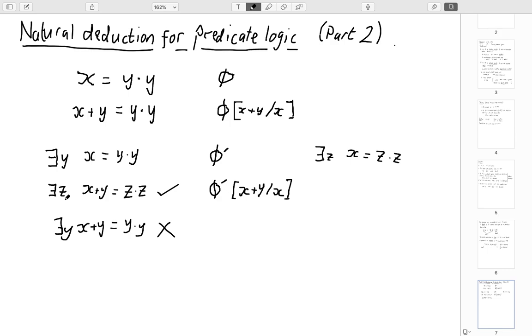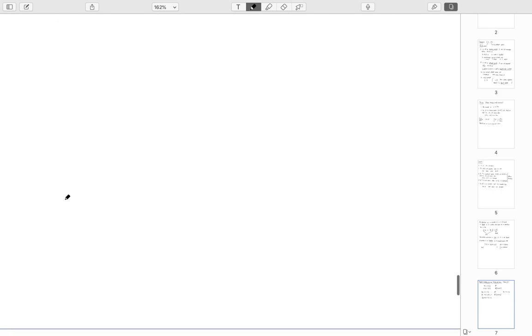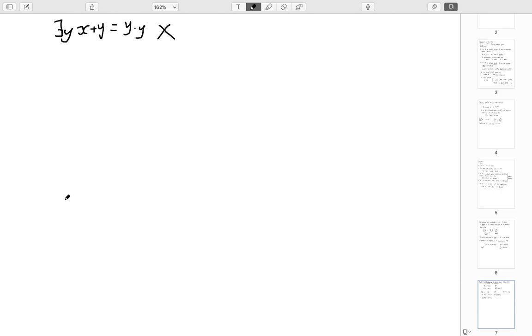So let me write it down in general. We can put it at the bottom of the page here. So substitution. I'm going to use the same notation as in the textbook. So that's in a formula phi, we substitute a term t for all occurrences of a free variable x.